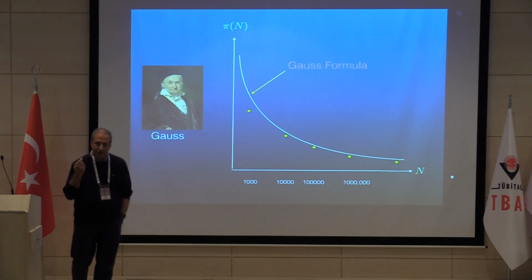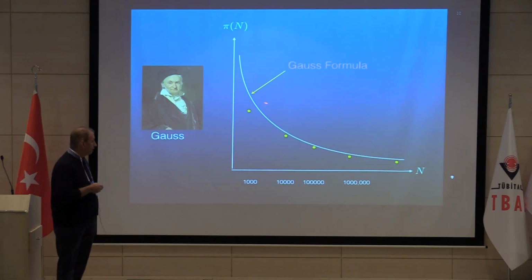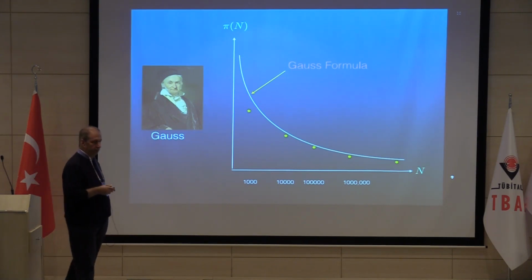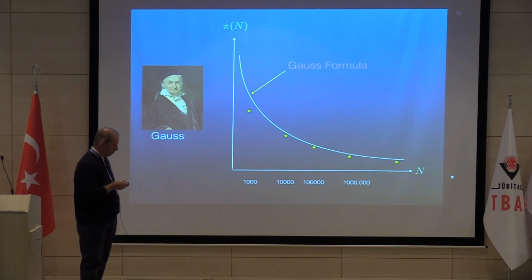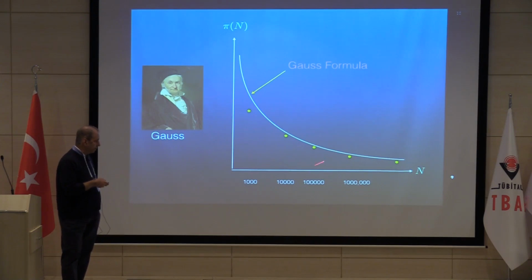It's a valid mathematical statement. The number of prime numbers less than n, as given by Gauss's formula, is a valid upper bound. It's valid up to 1,000, 10,000, 100,000, 1 million.